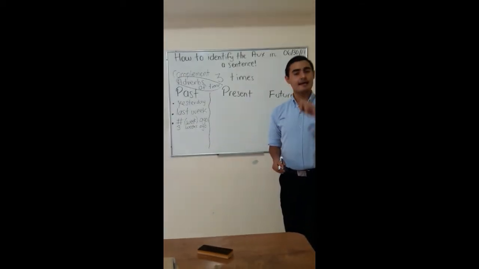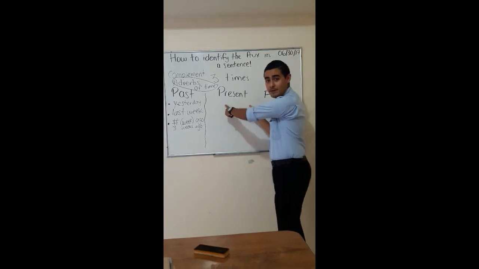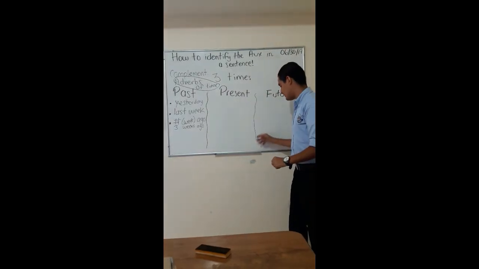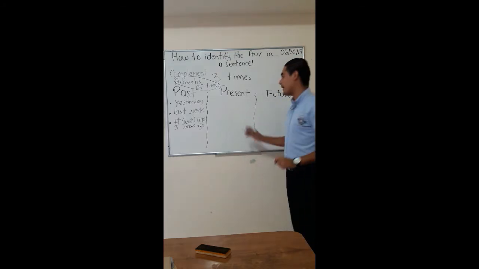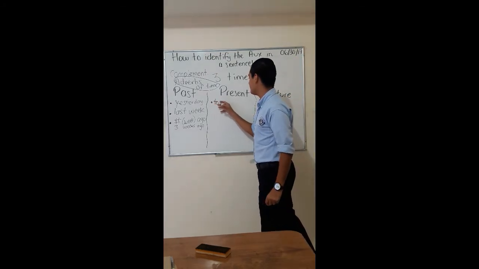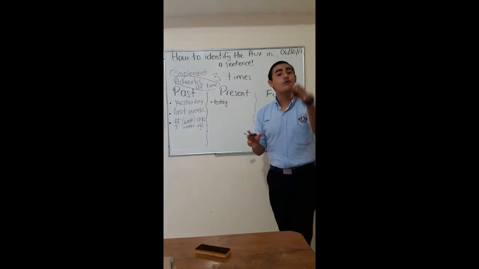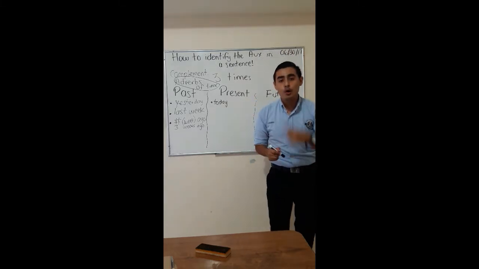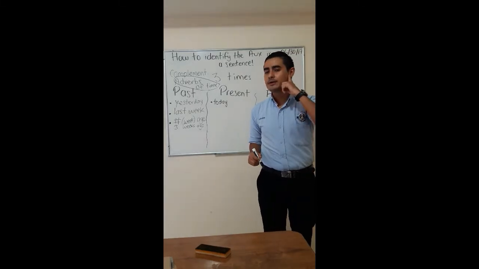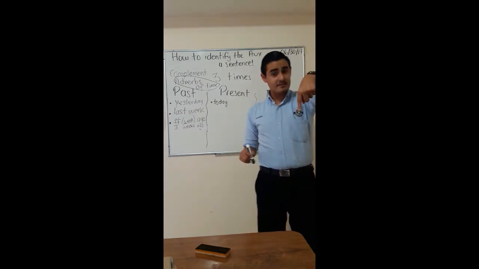Now, how about if we pass to category number 2? Alright guys, now in category number 2, we're going to observe the idea for present, okay? So here, let's make a division. And here, we're going to use idea number 1. The word today. Now, the word today in Spanish is hoy, okay? So, when you see or hear the word today, oh, okay, it's about the present, okay?